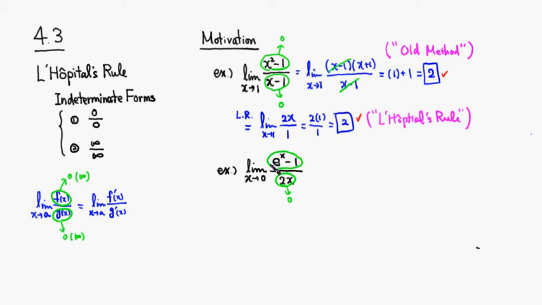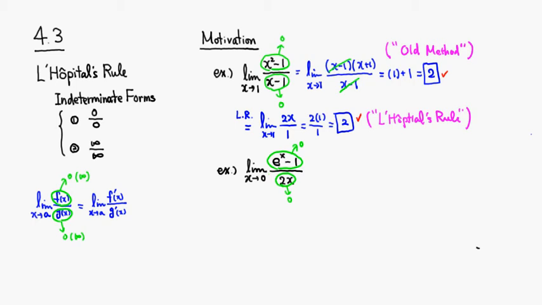In the numerator, e to the 0 is 1, minus 1, so the numerator also approaches 0. We want to factor out the common factor, but it's going to be very difficult to squeeze out a common factor from e to the x minus 1. So in that case, L'Hopital's rule comes in very handy.